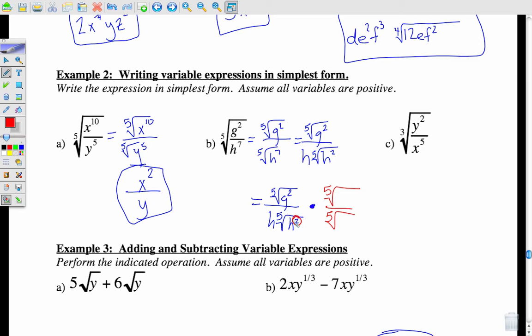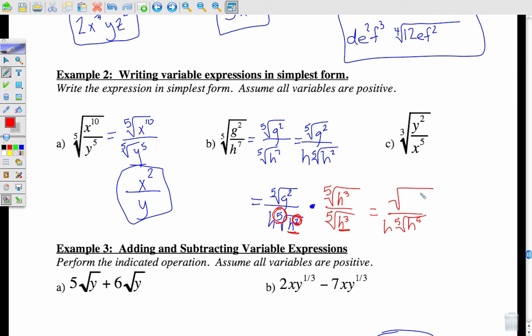To figure out what I multiply by, I have to think to myself, okay, I have 2 of them right here. In order for those to cancel out and give me h to the 1 down here, I have to get to the 5th power. So since I have 2 of them already, to get to the 5th power, I got to go h to the 3. Why? Because h to the 3rd right here times this h squared will give you h to the 5th.